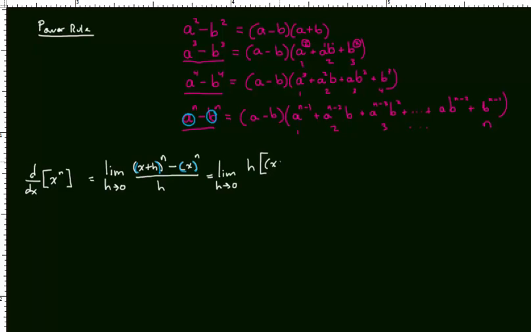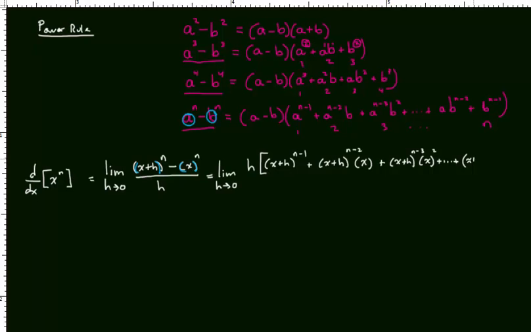We'll have the x plus h to the power of n minus 1 plus x plus h. Remember, x plus h is like our a, to the power of n minus 2 times x, which is like our b, plus x plus h to the power of n minus 3, x to the power of 2, plus ... And I'm desperately trying to fit it all in here.